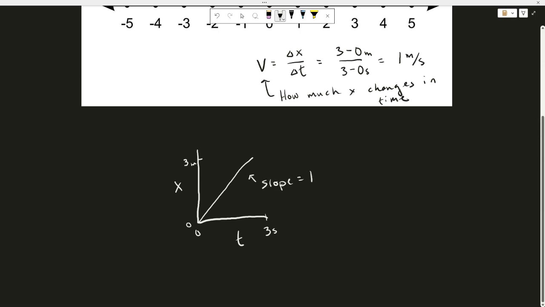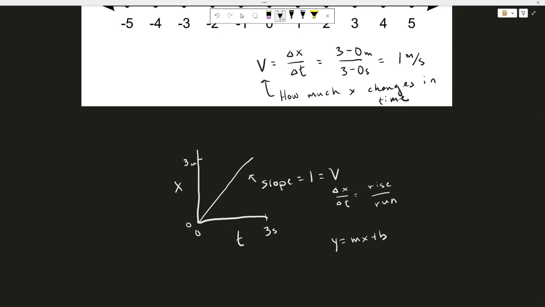That's because my velocity is equal to my slope. Because my velocity, if you notice, is the change in x over the change in time. The change in x over the change in time is the same thing as rise over run, or the slope on this particular graph. That means that I can write an equation for x using y equals mx plus b in order to find the slope and intercept of my graph.